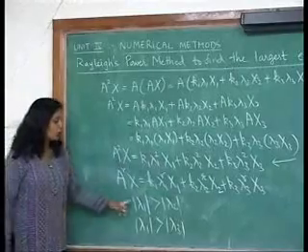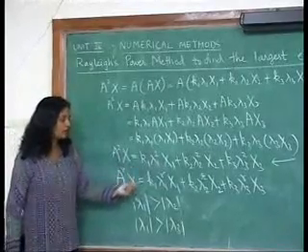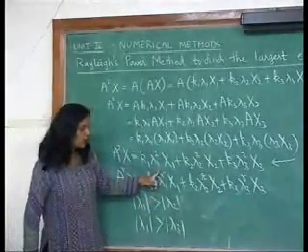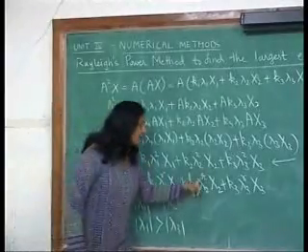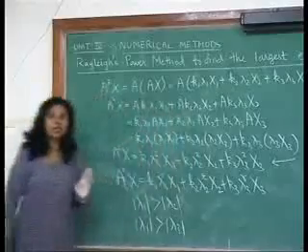So as I go on taking higher and higher powers, lambda 1 raised to r is going to be much bigger as compared to lambda 2 raised to r and lambda 3 raised to r.